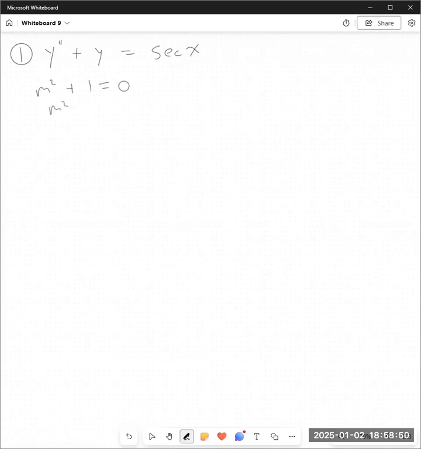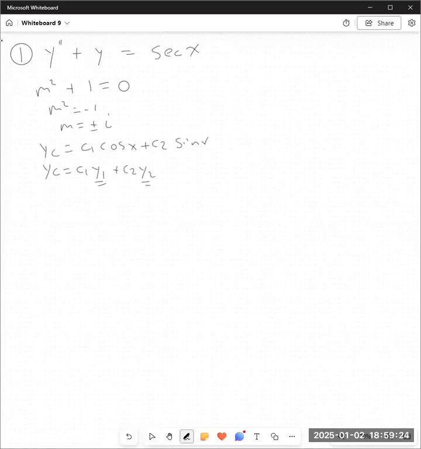So m squared is equal to -1, meaning that m is equal to plus or minus i, giving us a complementary solution of c1 cosine x plus c2 sine x. This part with c1 is my y1, and this part with c2 is y2. So my yc, just so you understand, is c1 y1 plus c2 y2. These will be coming up later in the problem.